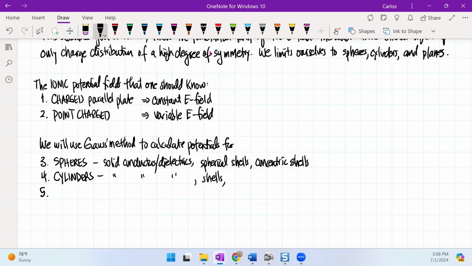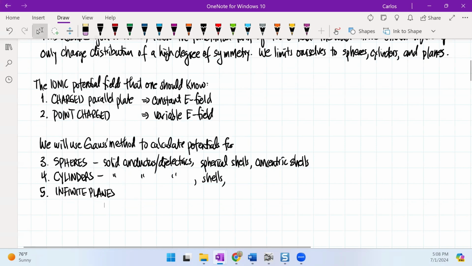And then the last thing here is that we can also do infinite planes. So an infinite plane is really the charged parallel plate, but when you use Gauss's method, there's a slight change in that.